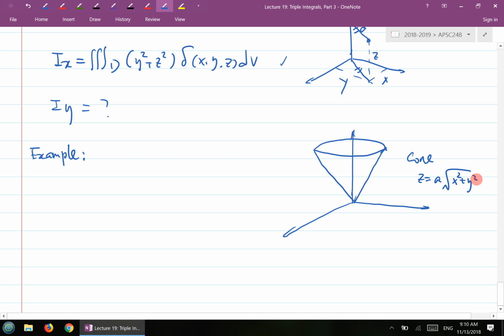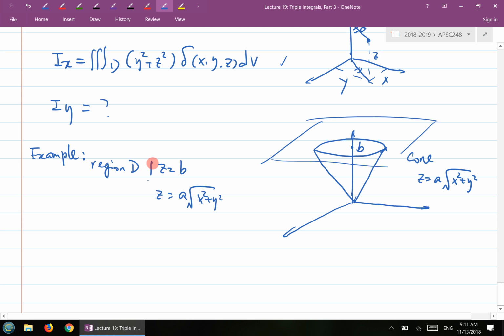This time there is a general coefficient a. The top of the cone is cut by a plane z equals b. So you have a plane on top, cut at z equals b. So your region D is between z equals b and z equals a times the square root of x squared plus y squared.